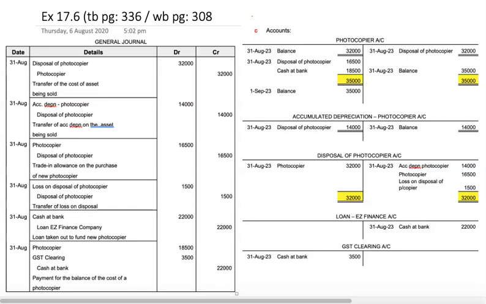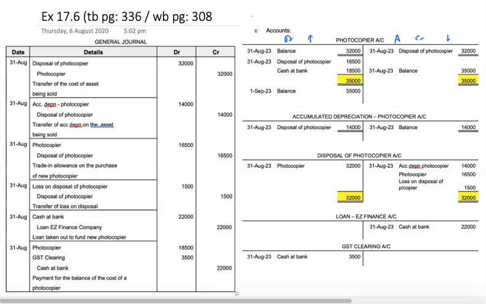I'm going to complete all the required information. I know in the photocopier, I historically had a balance, because this is an asset, and debits are on my left, credits on my right. Increases to my photocopiers are going to be debits, decreases are on my right.